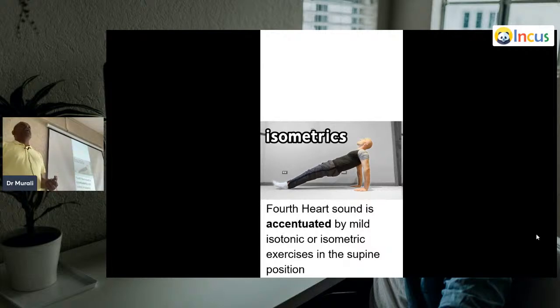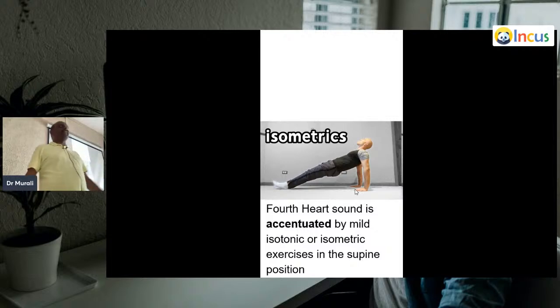Then, if the person does isometric exercises in the supine position, what will happen? When you do an isometric exercise in supine position, your peripheral vascular resistance will increase because you produce catecholamines, causing vasoconstriction.